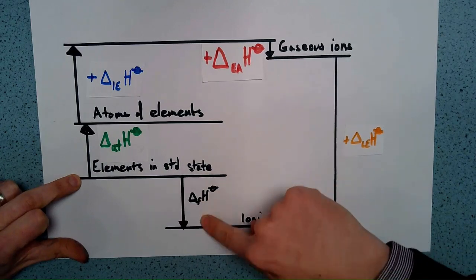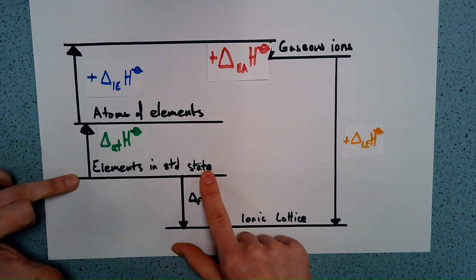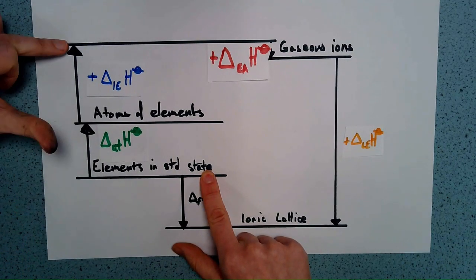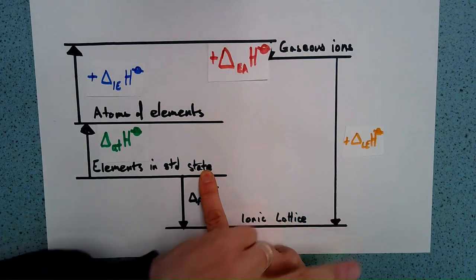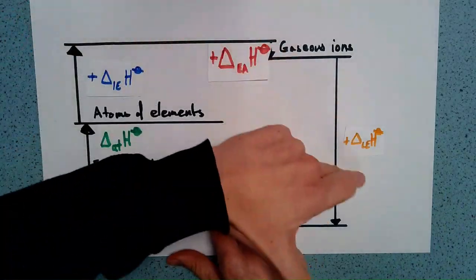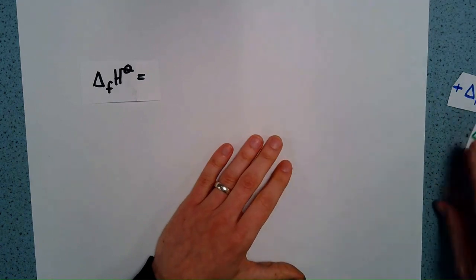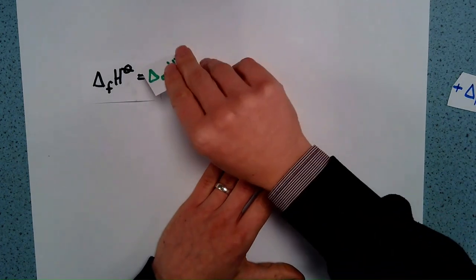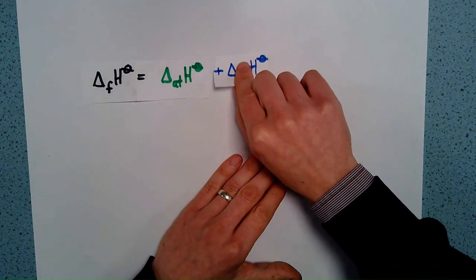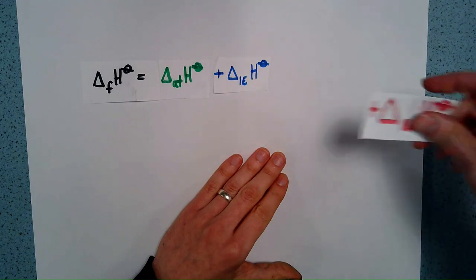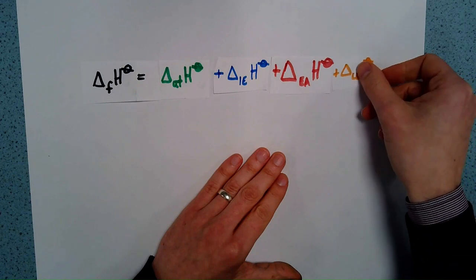We have the enthalpy change of formation as one route, down to the ionic lattice, and the other route is atomization, ionization, electron affinity, lattice enthalpy, all in the same direction of the arrow, which means that the enthalpy change of formation is equal to the sum of the atomizations added onto the ionization energy, added onto the electron affinity, added onto the lattice enthalpy.